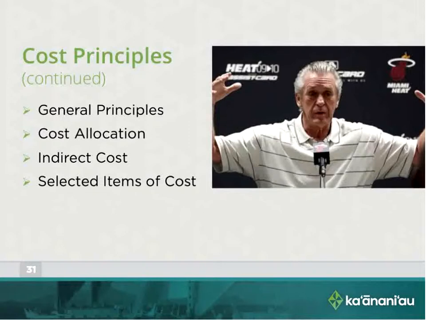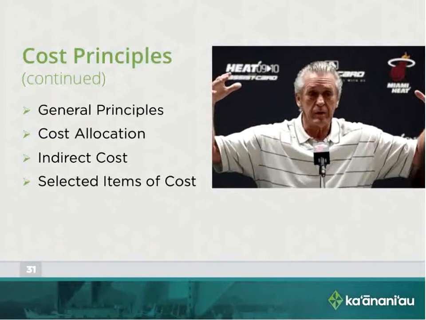And then, still in the general principles, they also have to be allocable. You have to be able to allocate those costs to whoever benefits from the expense. So those are 4 things just under general principles to be aware of, especially if you have approval authority of costs. The second area that's covered in the cost principles is cost allocation.